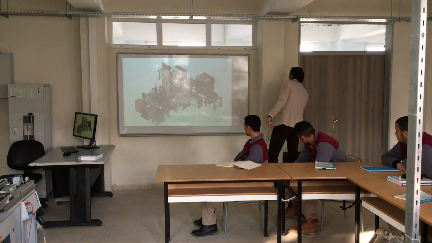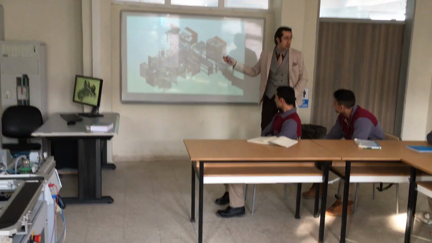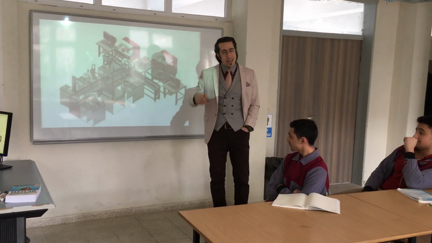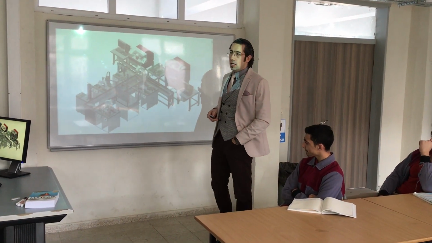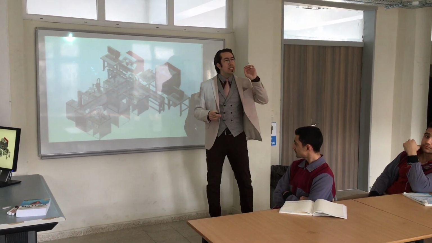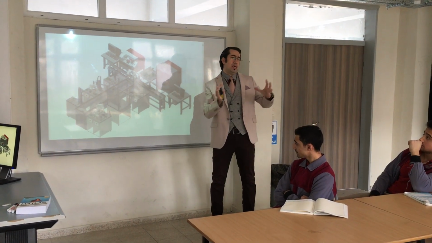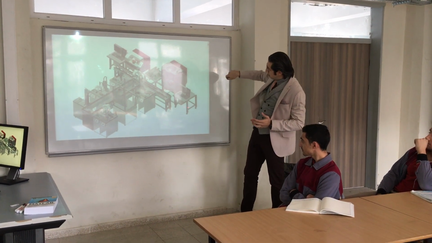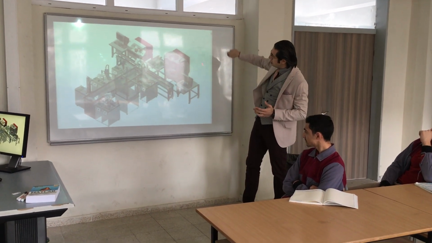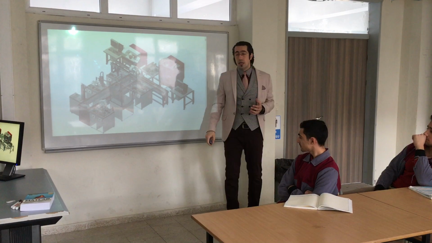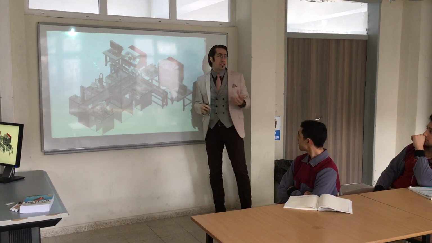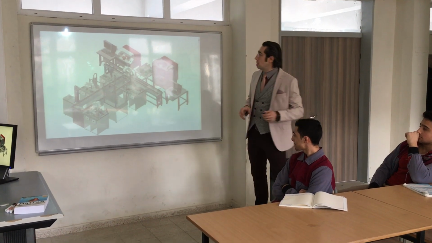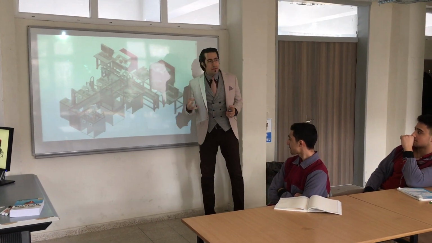As you can see, our education systems consist of basically two different sections. This side of the education system is called the FMS unit, Flexible Manufacturing System, and it consists of 4 different parts.